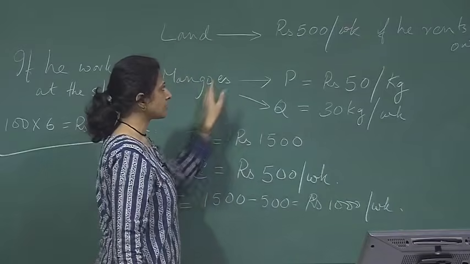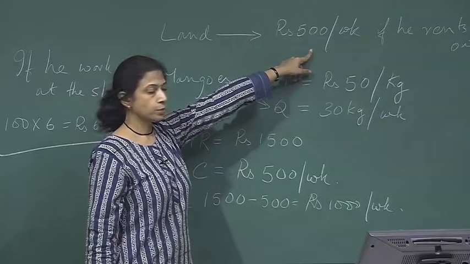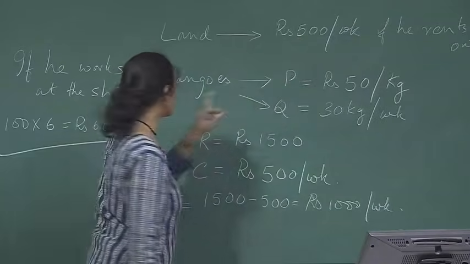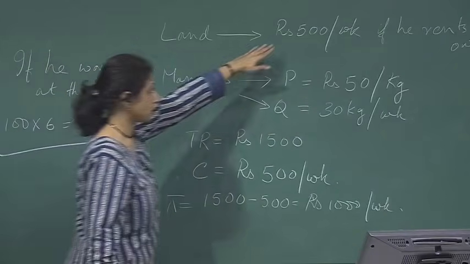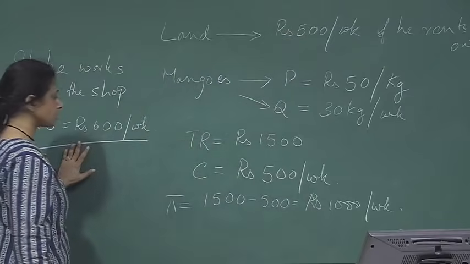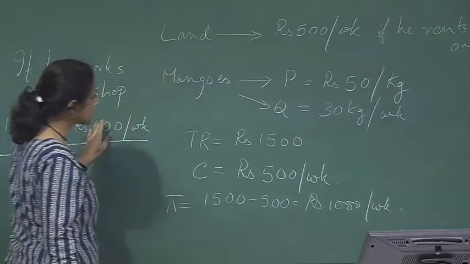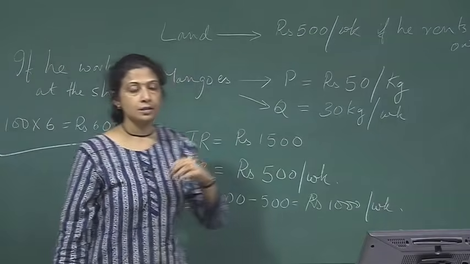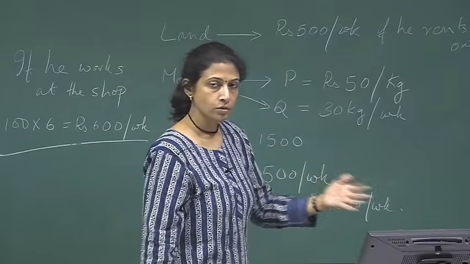He could have rented out the land and earned rupees 500 per week. Additionally, he could have worked at the local shop and earned rupees 600 per week from there. Both these earnings he is having to forego because he has decided to grow mangoes and sell mangoes in the market.